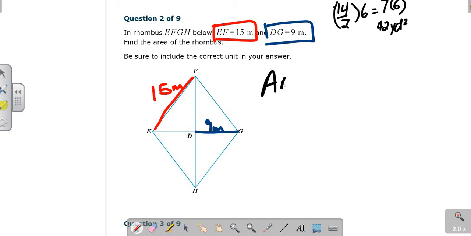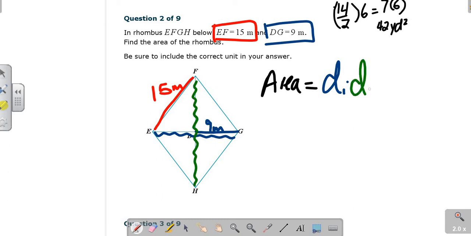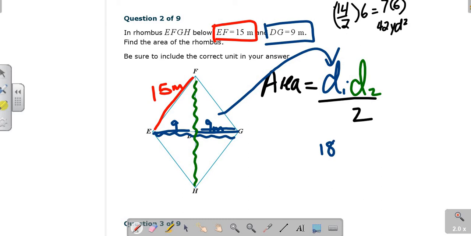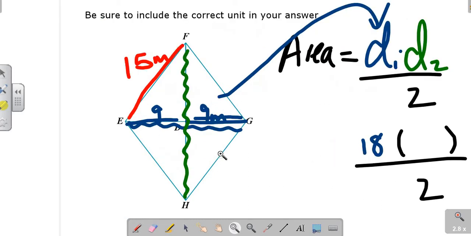Area for a rhombus equals diagonal, the whole diagonal, one diagonal, times the other diagonal, diagonal times diagonal over 2. So, if this right here is 9, this is 9, which means our first diagonal is going to be 18, times our other diagonal, which we don't have.